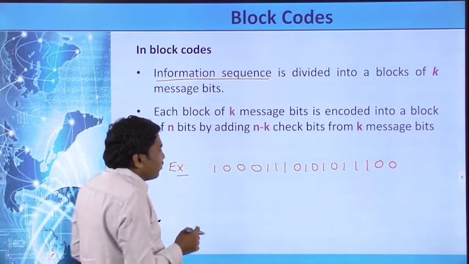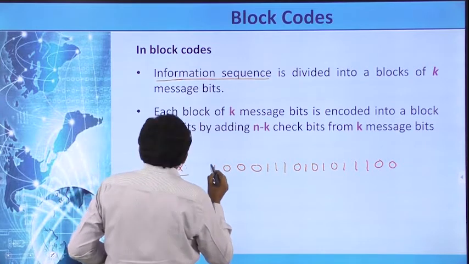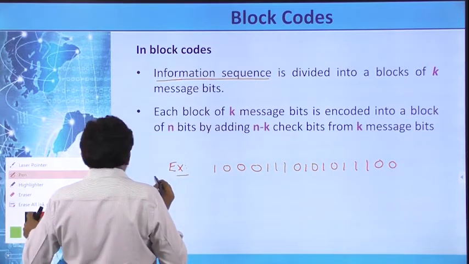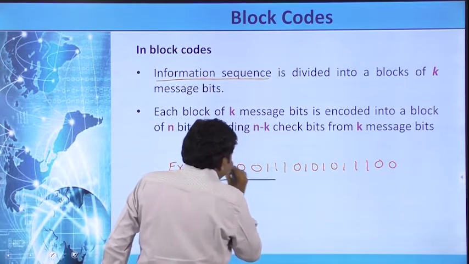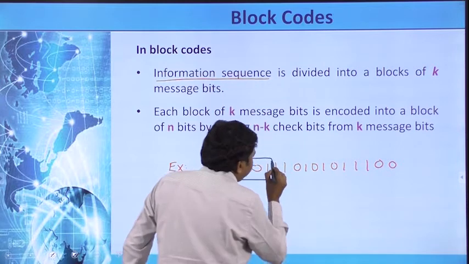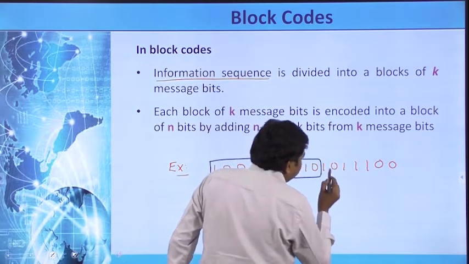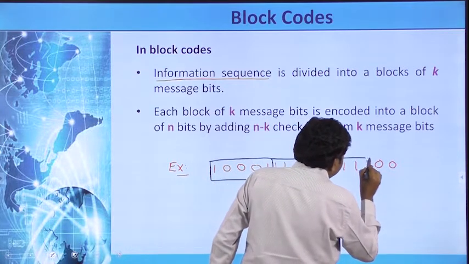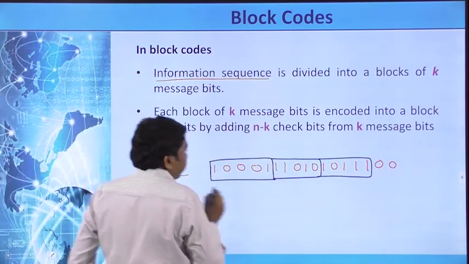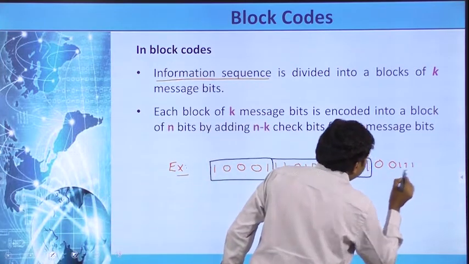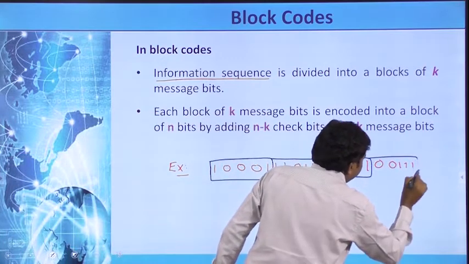So these information bits are divided. Let us assume these 5 bits are one block. These 5 bits are another block. These 5 bits are another block. These 5 bits are another block.